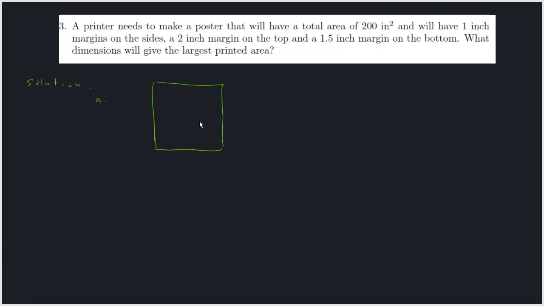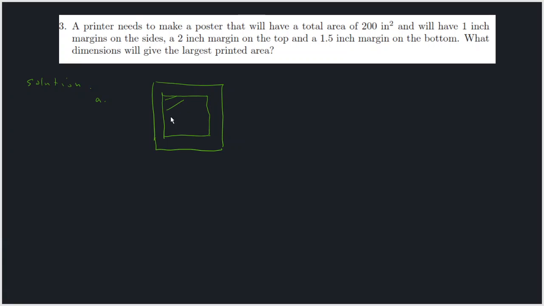And then you have the side margins. The left margin is 1 inch, the right margin is 1 inch, and the top margin is 2 inches. And the bottom margin is 1.5 inches. It's something like this, illustration only.